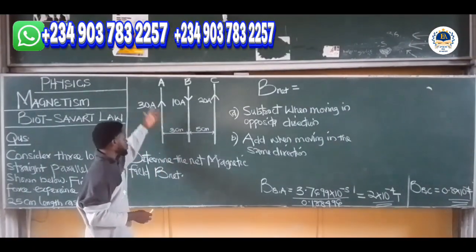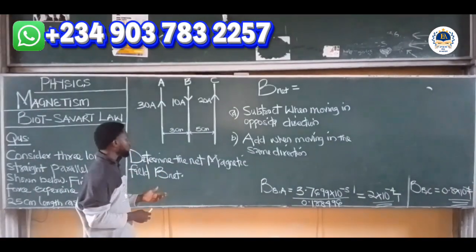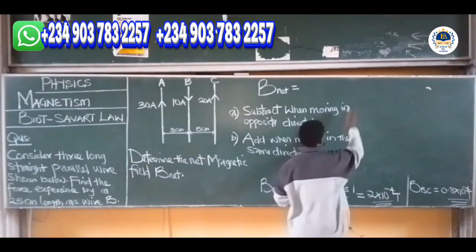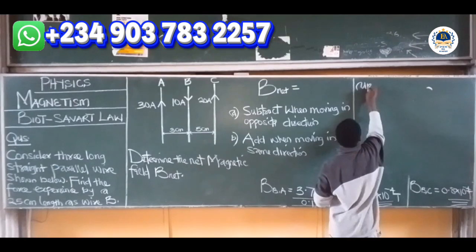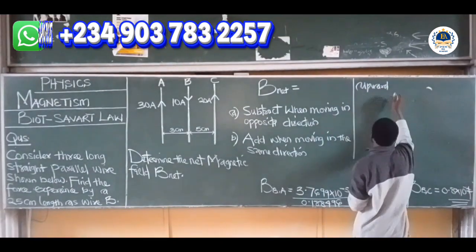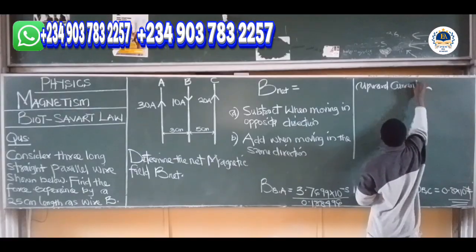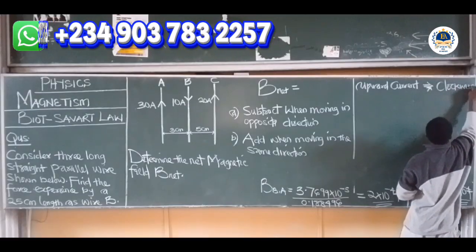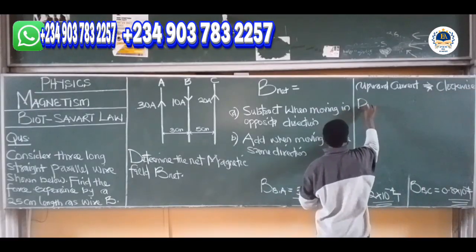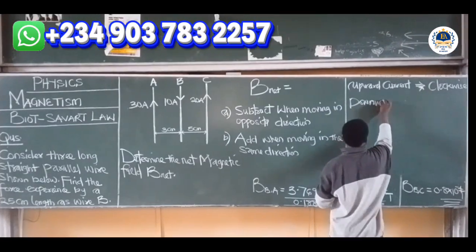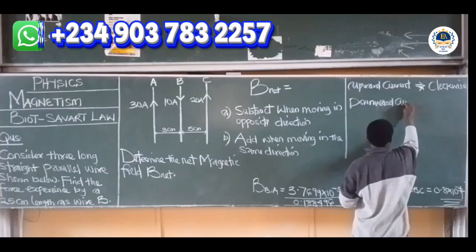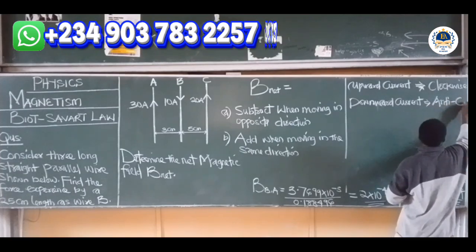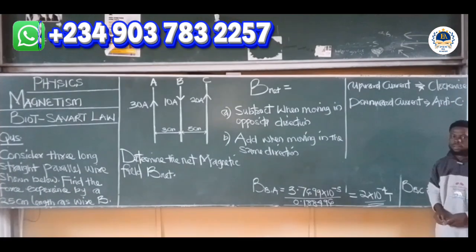So let's say upward current should move in a clockwise direction, and the downward current should move in anti-clockwise direction.